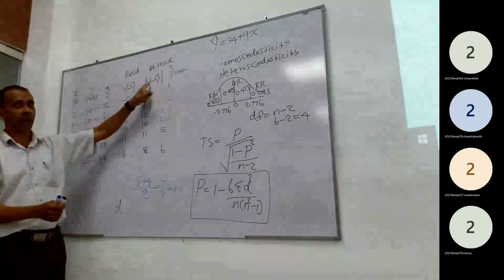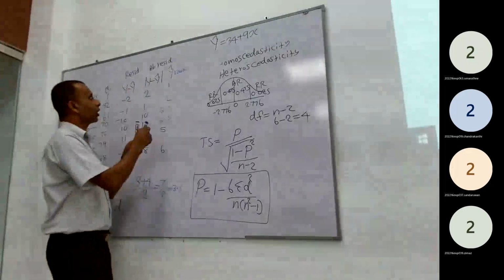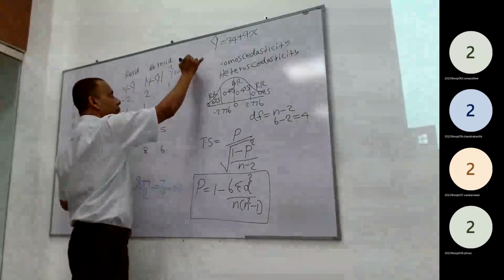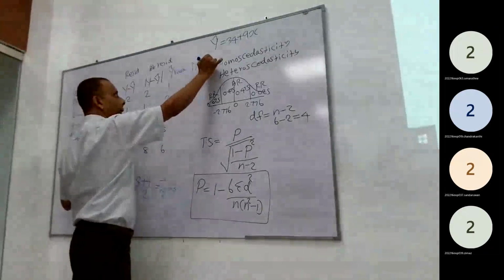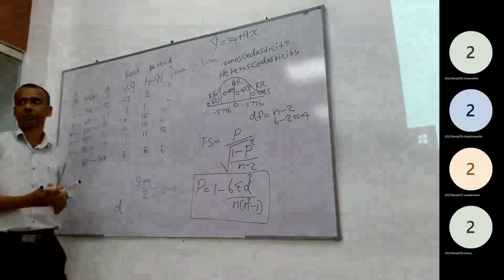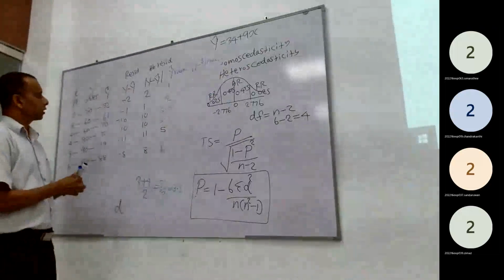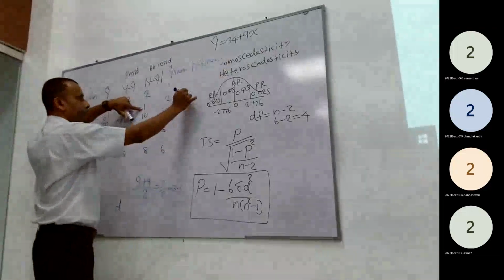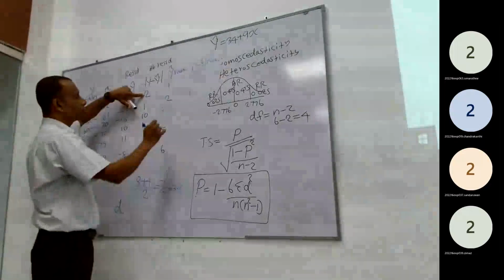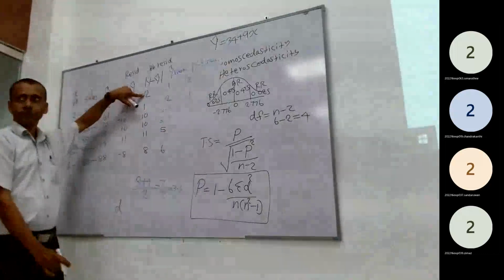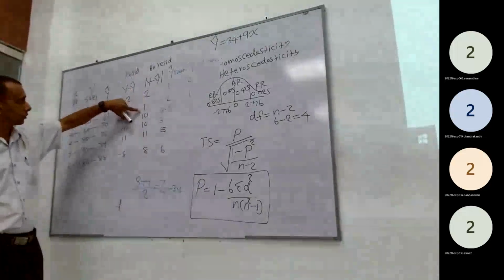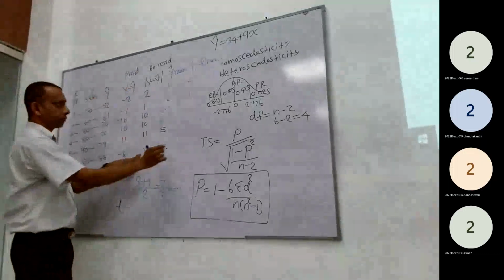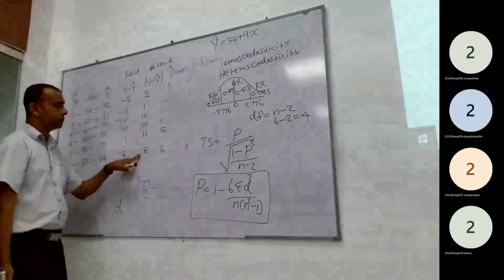Then I go to rank the absolute value of residual, y minus y hat absolute value rank. What is the minimum value? 1. Next one, 2. Then third one, 3.